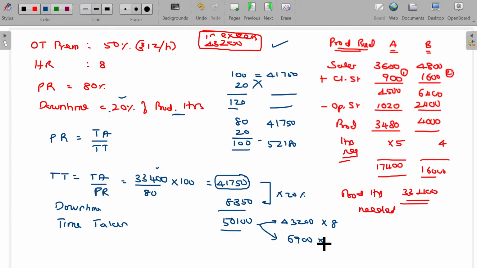For that, the wages being overtime premium wages, 12 rupees. Then total wage payable in this case is 43,200 into 8, 3 lakhs 45,600. 6,900 into 12, 82,800. Then overall value being 4 lakhs 28,400. Is that clear? Come on, make a note of it.